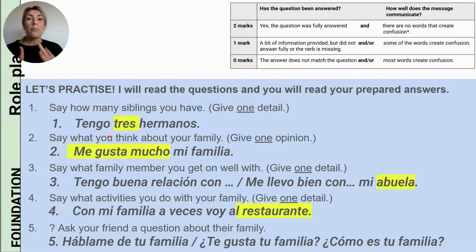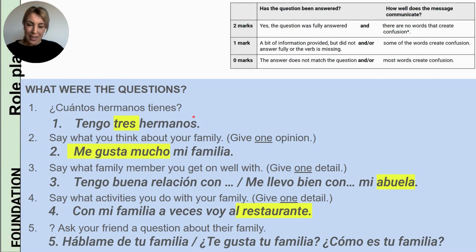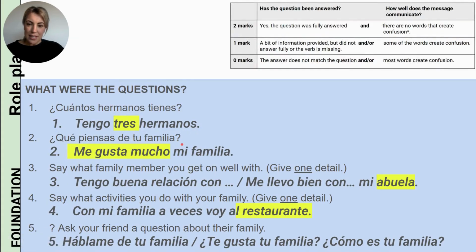Bravo, muy bien. Bueno, now, what were the questions? What was I asking? For the first question, I said, ¿cuántos hermanos tienes? Tengo 3 hermanos, or whatever your choice was. Number 2, ¿qué piensas de tu familia? Me gusta mucho mi familia.